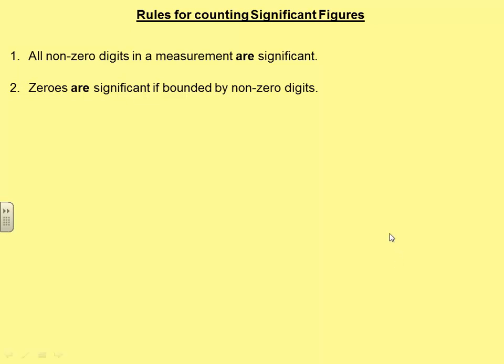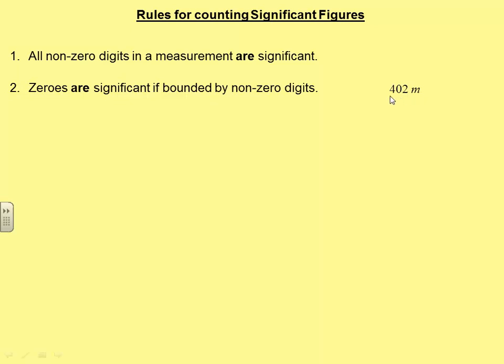Now, here's one that's a little more interesting. The next 4 rules are all about zeros. What if your zeros are bounded by non-zero digits? Well, then the rule says they count. For example, 402 meters. Let's look at this measurement. The 2, because of rule 1, counts. This means we estimated this to the nearest meter.